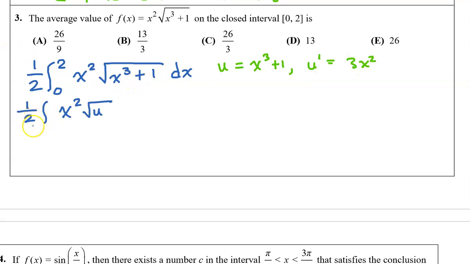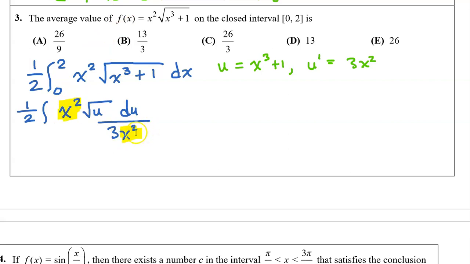So now we have 1/2 times the integral of x squared times the square root of u. Instead of dx, we write du divided by u prime, which is 3x squared. We notice that we have x squared in the numerator and x squared in the denominator.